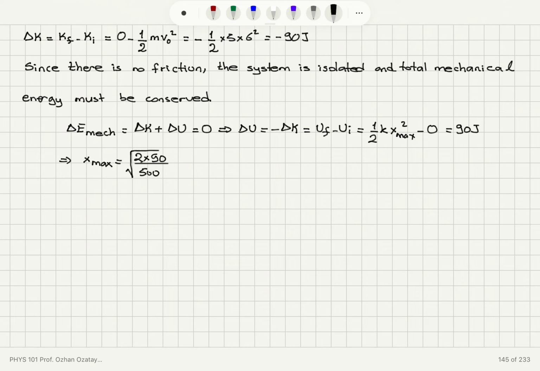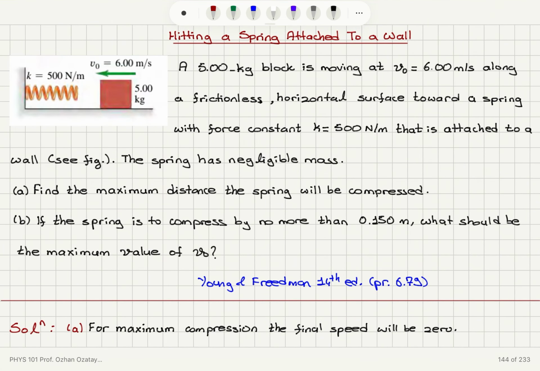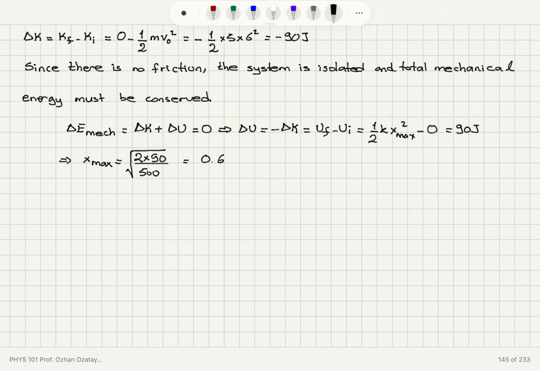So this gives us 0.6 as our answer. We have 3 significant figures for all quantities, so this is 0.600 meters. This is the maximum compression.